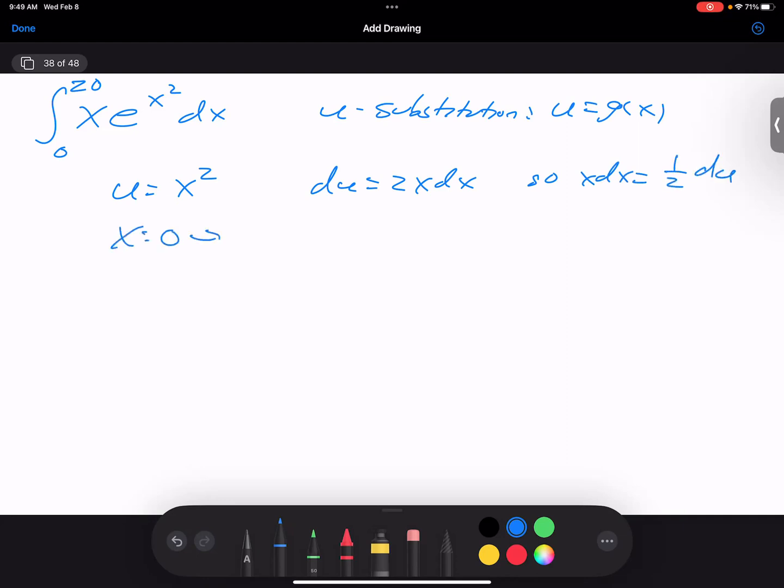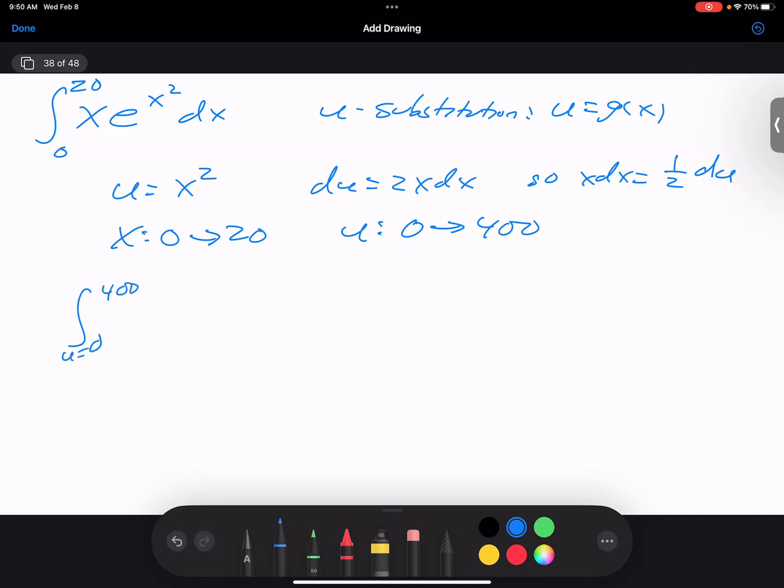Now, x goes from 0 to 20. Where does u go from if x goes from 0 to 20? So if x goes from 0 to 20 and u is x squared, what's the range of u? 0 to 400. And so now we get the integral from 0 to 400.